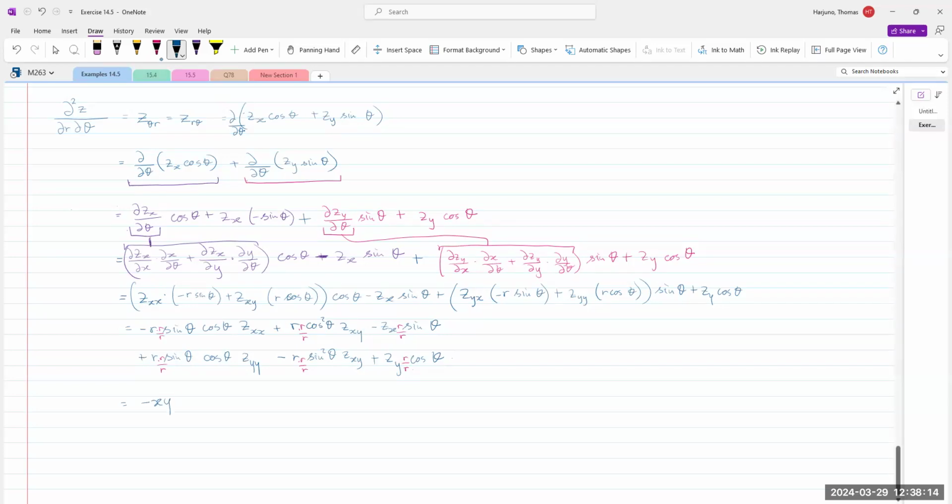Negative xy z sub xx over r plus x squared over r z sub xy minus y z sub x over r plus xy z sub yy over r minus y squared z sub xy over r plus x z sub y over r.